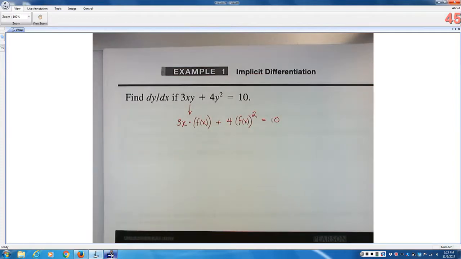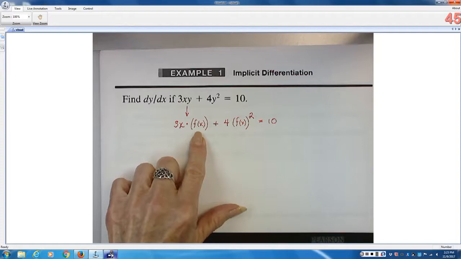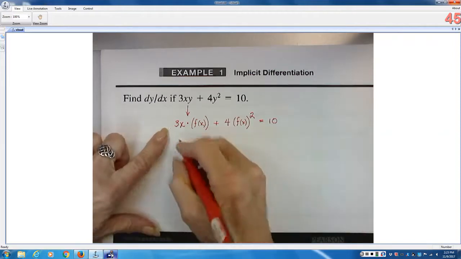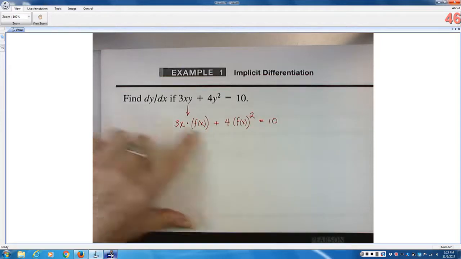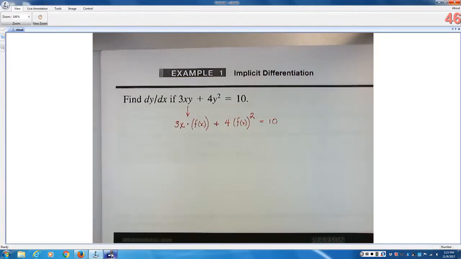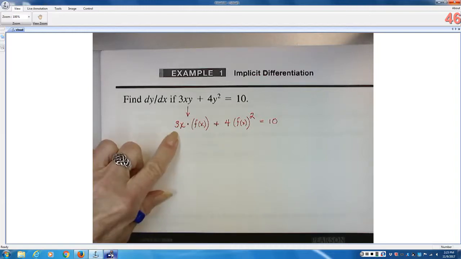So here's how we're going to do this problem. And I'll probably switch notation in a minute, but right now I want to make it really obvious to you that y is f of x. Okay? So what we have here is we have 3x and we need to do the product rule with this. So in order to do the product rule, we need two derivatives. We need the derivative of 3x.